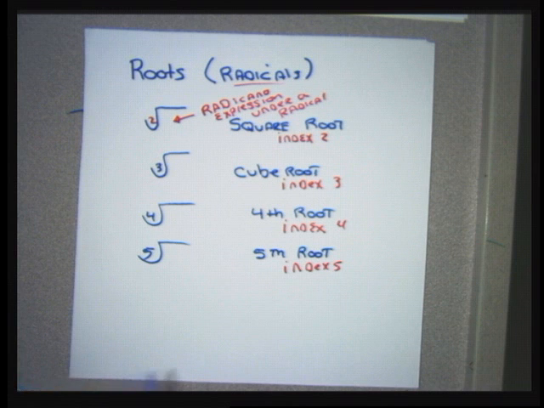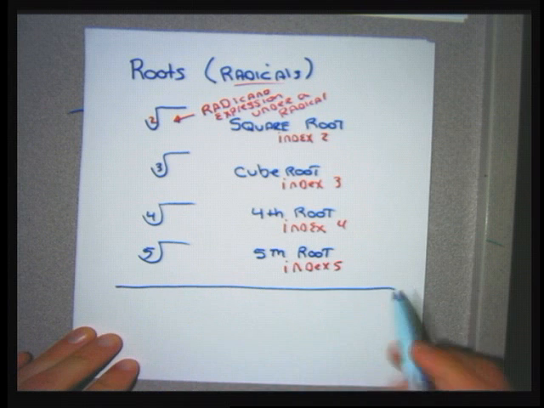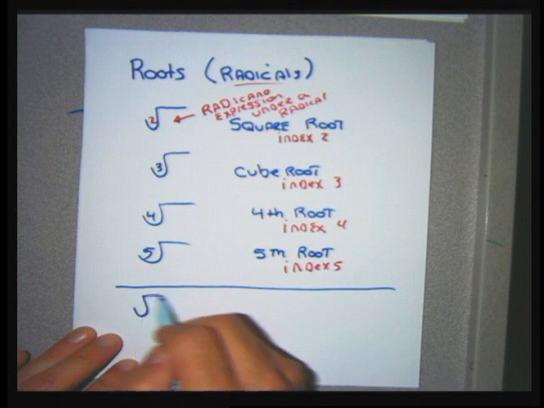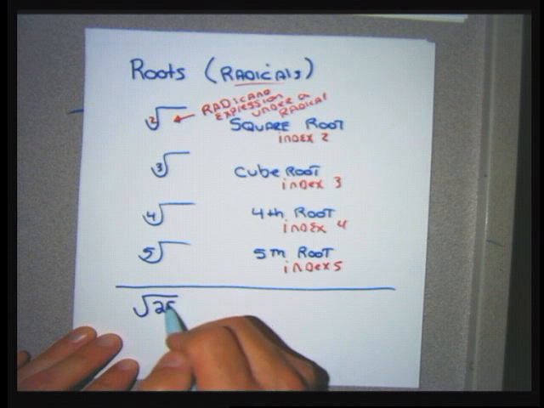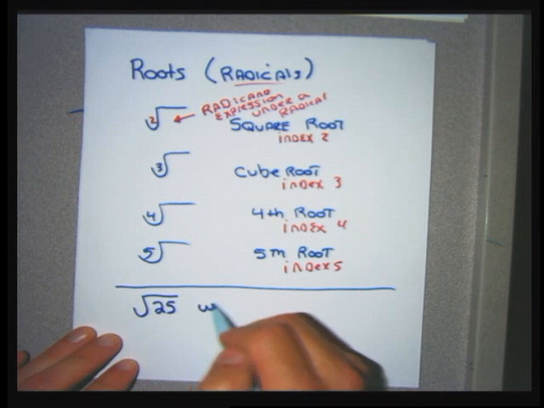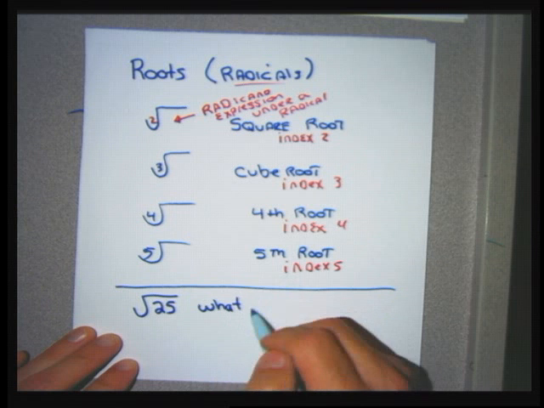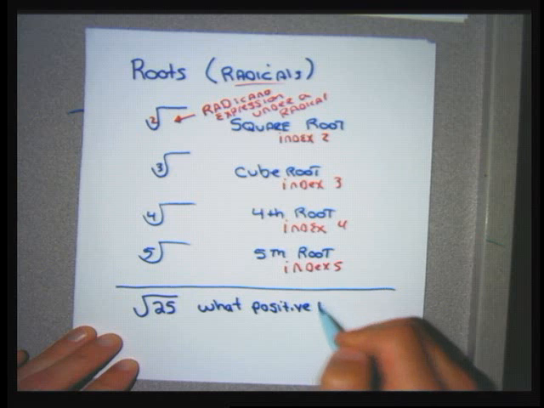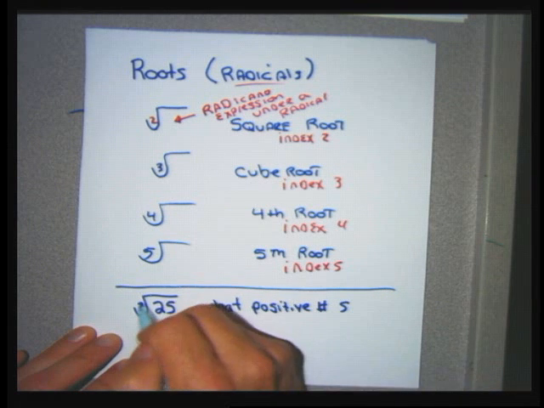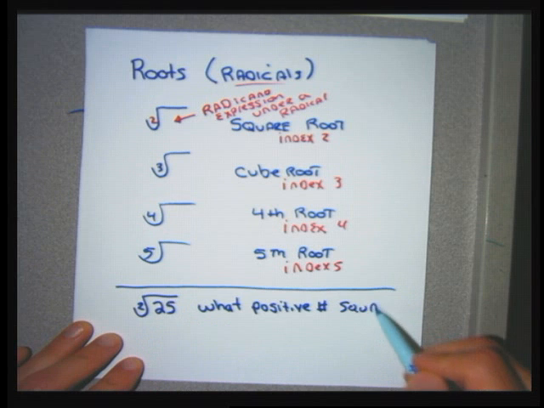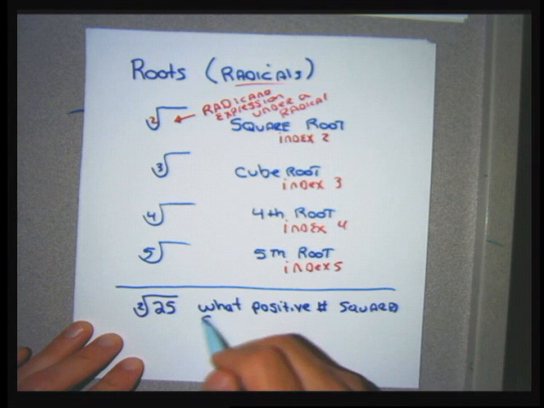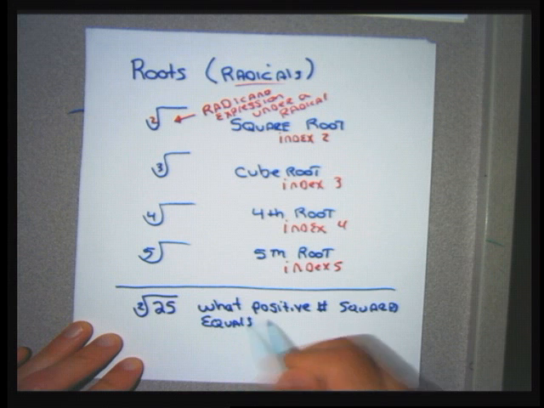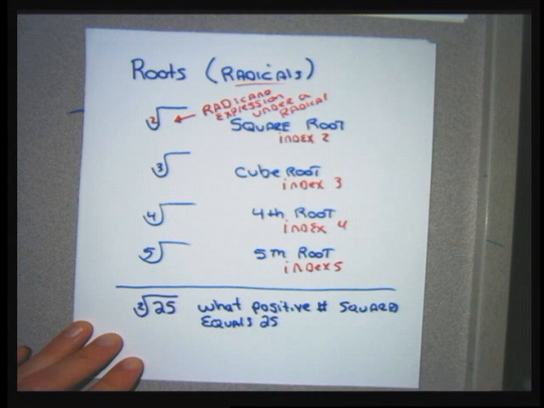A square root is asking what number squared equals the radicand. So if I gave you the square root of 25, this really asks for a positive number. So what positive number squared, because the index is 2, equals 25, and the answer is 5 because 5 squared equals 25.